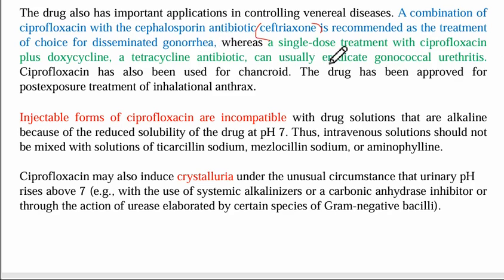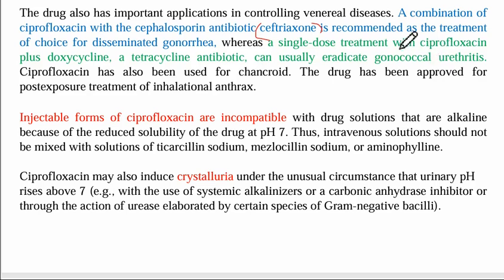So one combination of a cephalosporin with ciprofloxacin, that is ceftriaxone, is recommended for the treatment of disseminated gonorrhea. A single dose of ciprofloxacin plus doxycycline, a tetracycline antibiotic, can usually eradicate gonococcal urethritis.